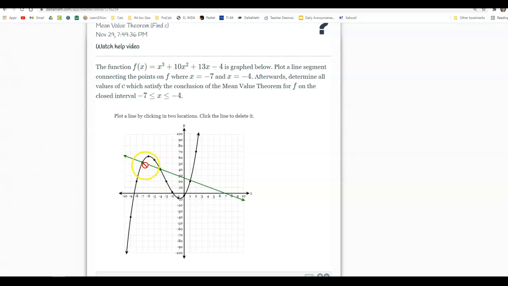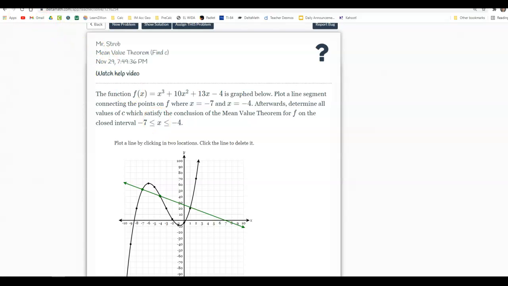Now there's your slope of your secant line, and you want to find the x value that gives you the line tangent to that with the same slope between that interval. So you know it's probably going to be somewhere right here. Your answer is going to be somewhat close to in between -5 and -6. Right? So that's the first part, just show you how to click through that.